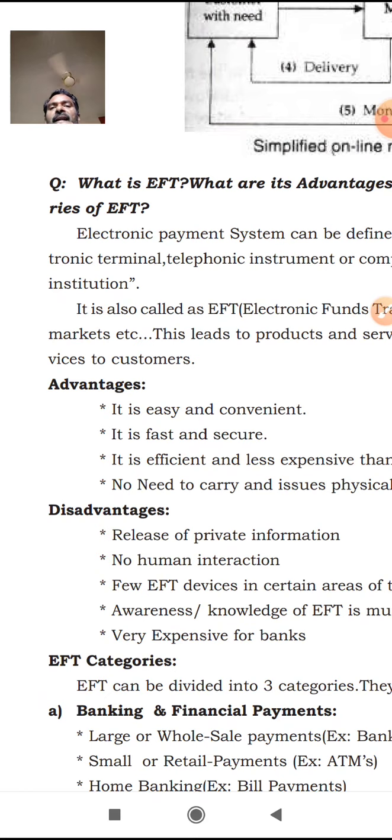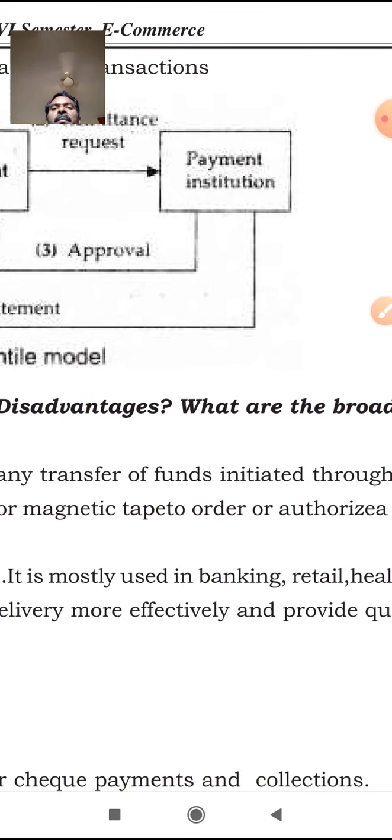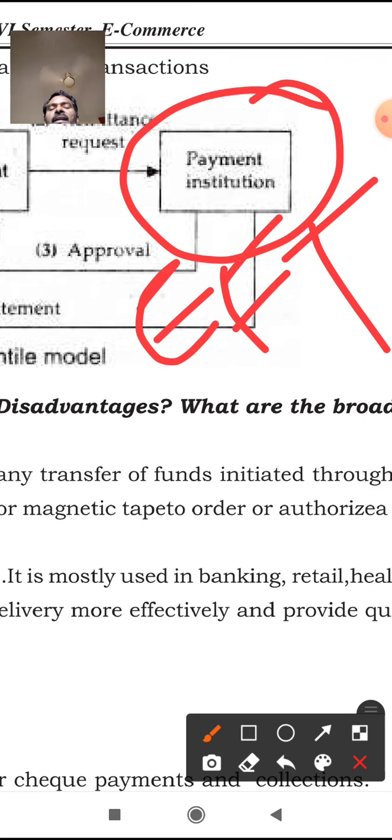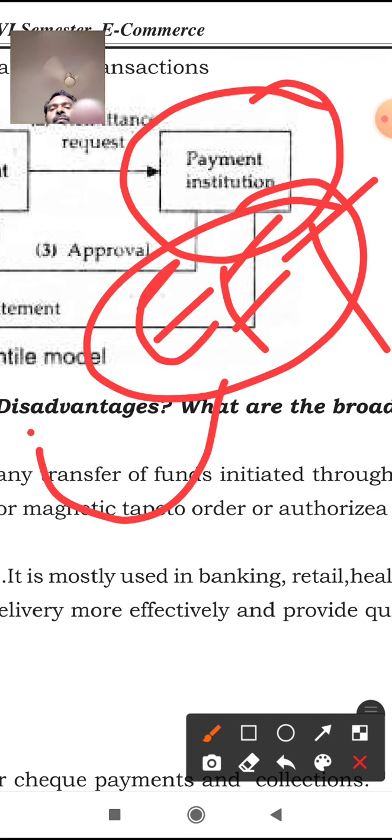So EFT stands for electronic fund transfer. Generally, the payment institutions will give EFT technologies, electronic fund transfer technologies, to the customer.